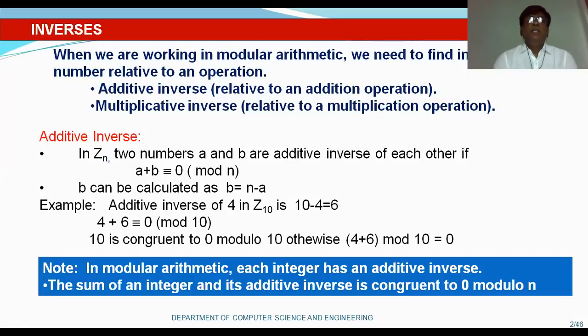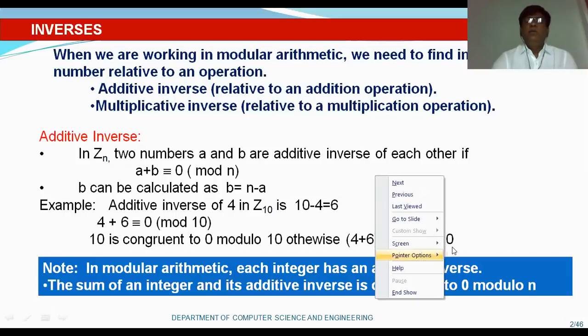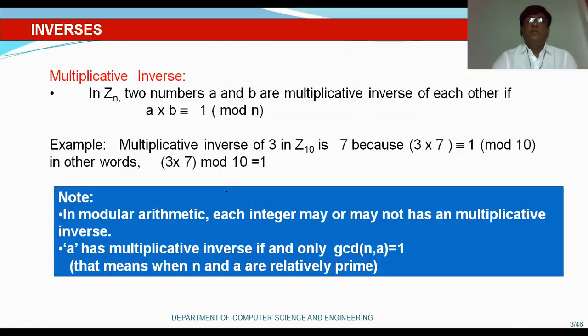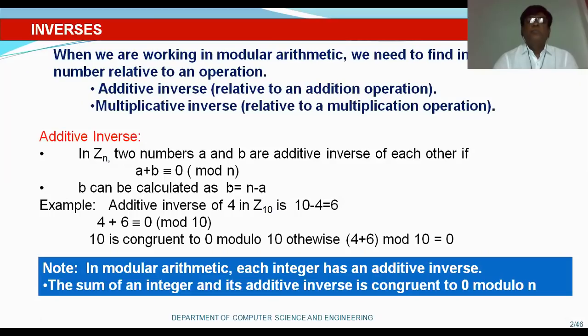So how do we calculate the b value? Here the b value can be calculated using this: b is equal to n minus a.